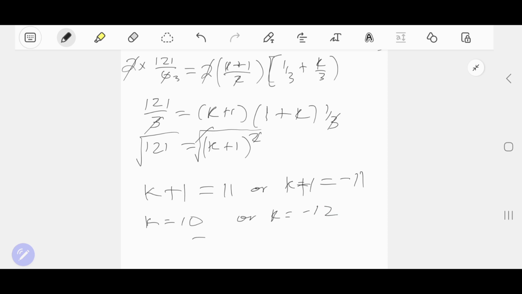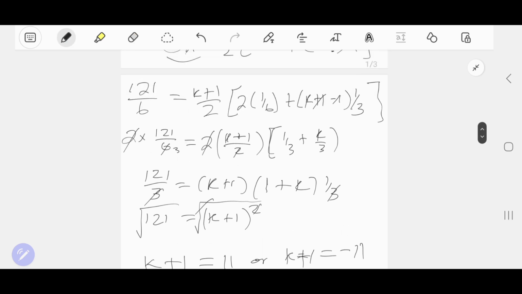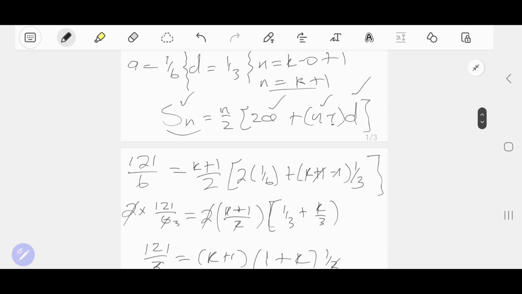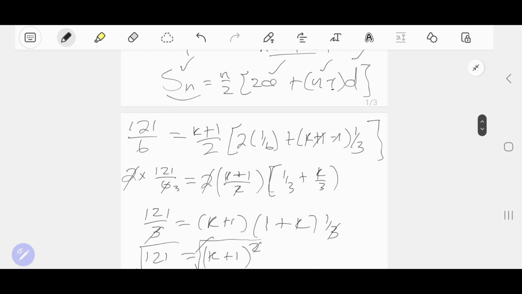Now the question is, which is which, people, because they need a value of k. But you must not panic, people. You must take your k and come back and substitute it here, or here, and see if you are going to get this number. Are you with me?